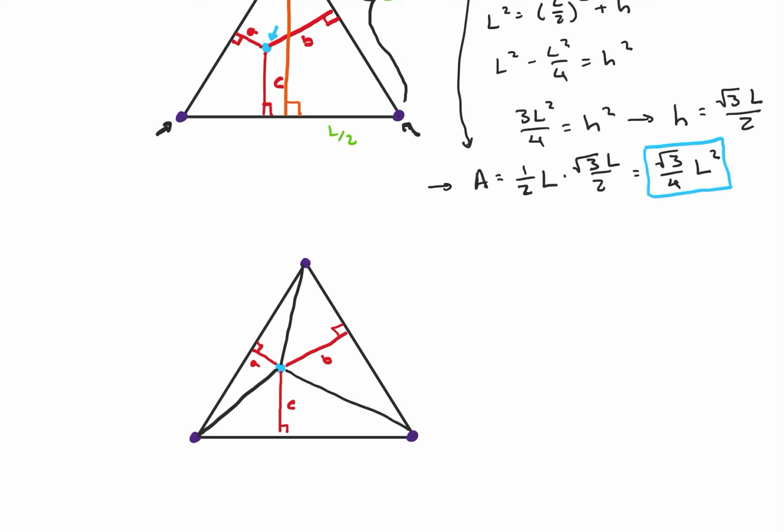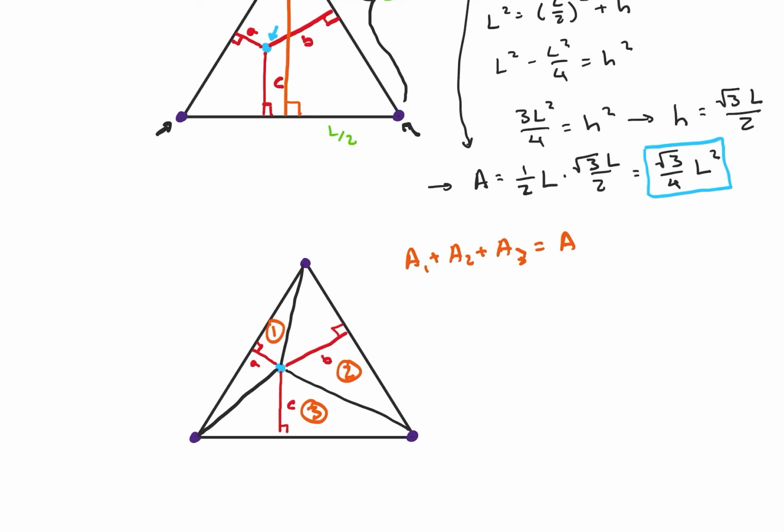Now I have three triangles within my bigger triangle: one over here, one over here, and one over here. The three triangles are outlined in black. I know that the area of those three triangles, A1 plus A2 plus A3, is equal to my total area.